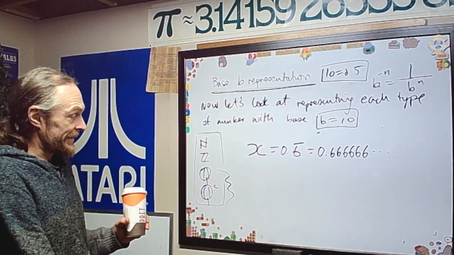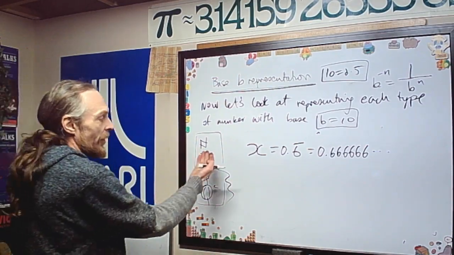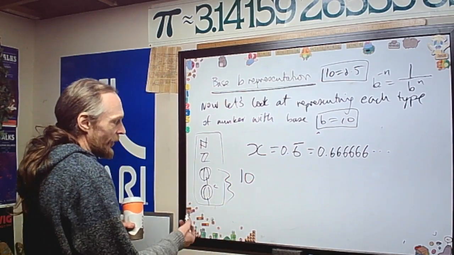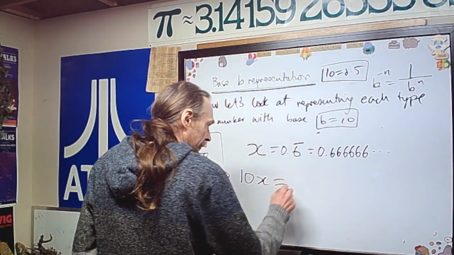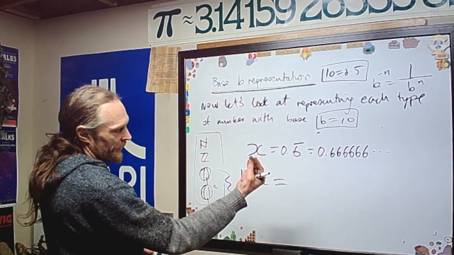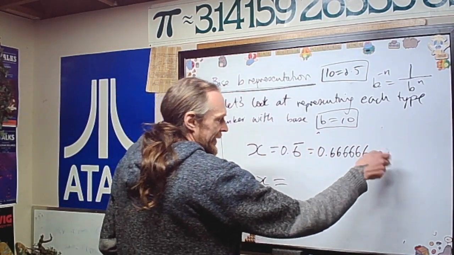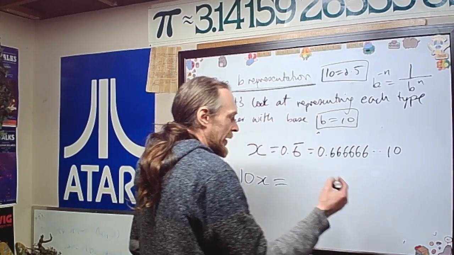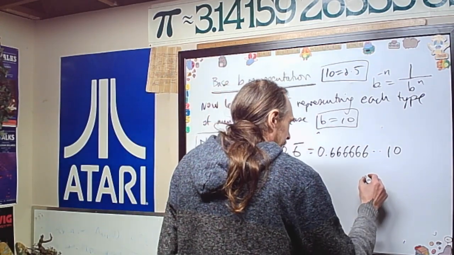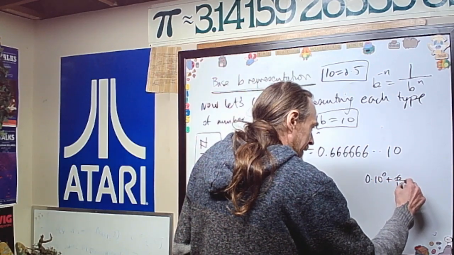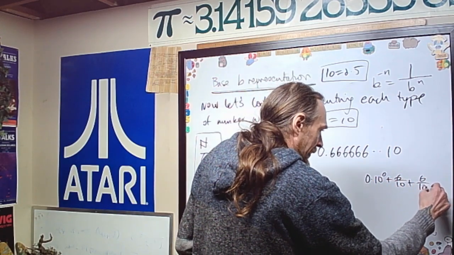infinitely many 6s. So when I multiply both sides of this by 10, now I can manipulate it. I'm going to call it 10x, which is equal to 10 times this thing. And that's the little cheating I'm doing. But when I multiply this by 10, what is it going to do? It's going to move. Oh, maybe I should show it and not cheat. What this means is this is 0 times 10 to the 0 plus 6 over 10 plus 6 over 100, dot, dot, dot.